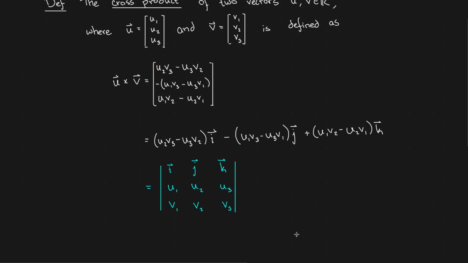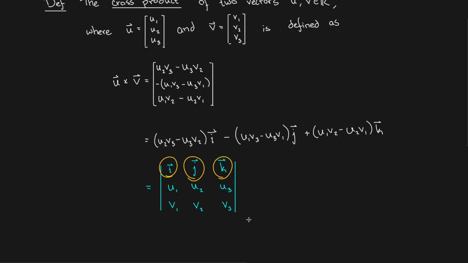All right? I do want to point out we're treating this like we're taking the determinant of a matrix, but it's a mnemonic device. It's not a true matrix because the components of a matrix have to be numbers. They have to be scalar values. And for all of these values, they are. But these are vectors.